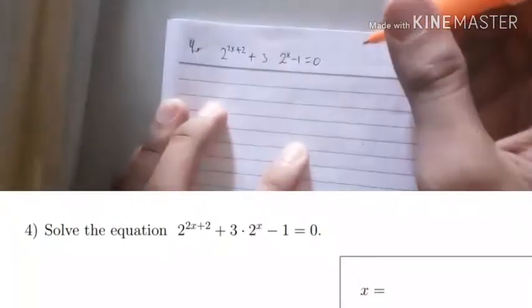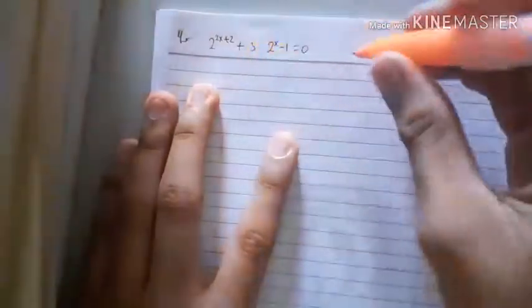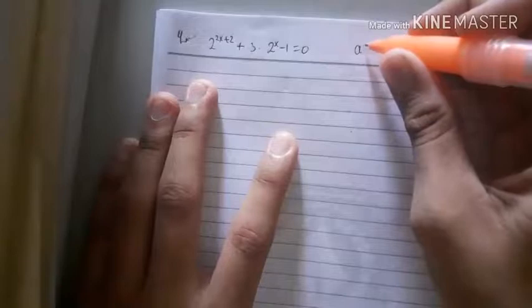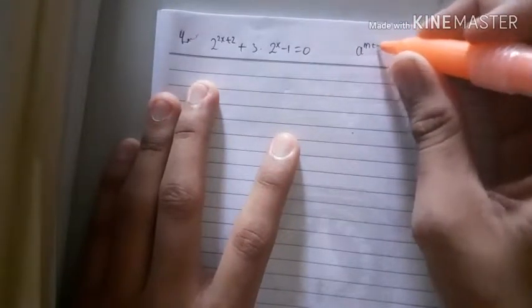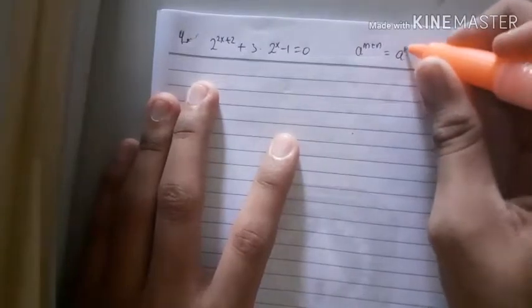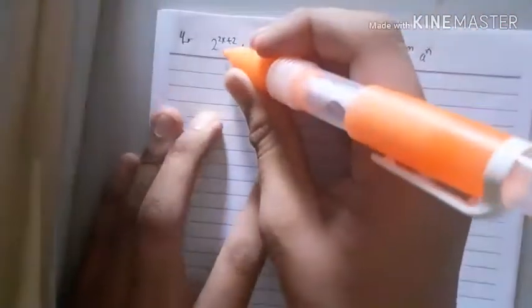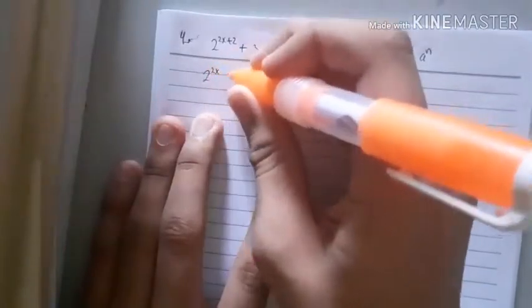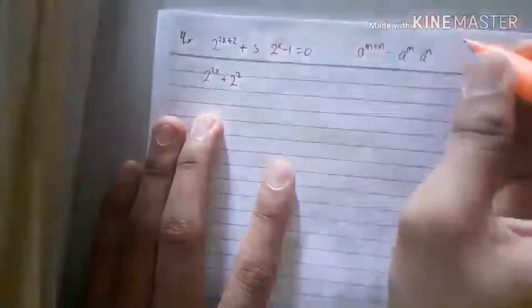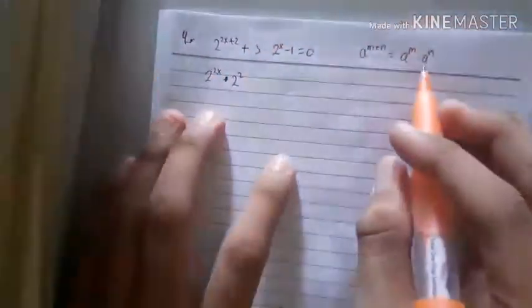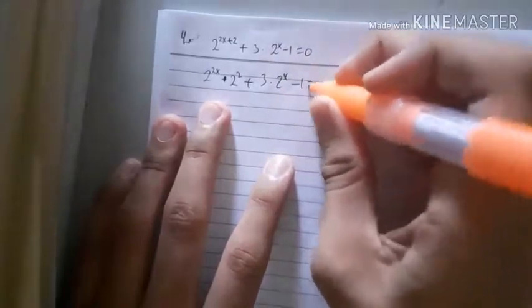Let's try to simplify this question, because if you remember the characteristics of exponents, a to the power of m plus n equals a to the power of m times a to the power of n. So this one equals 2 to the power of 2x times 2 to the power of 2, multiplied, plus 3 to the power of 2x minus 1.